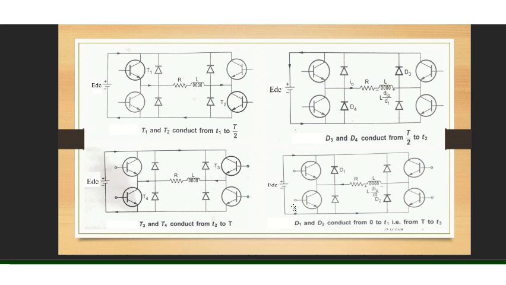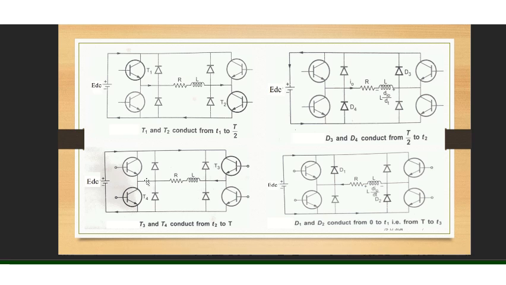So energy is again getting stored in the load. Then at time instant t, you are turning off T3 and T4. Now again the polarity at the inductor will reverse. Initially at this stage it was positive here and negative here. Once T3 and T4 are turned off, the polarity at the inductor will be positive here and negative here.